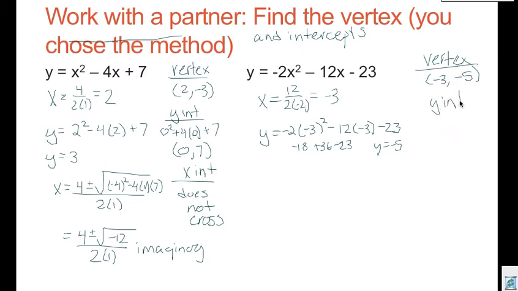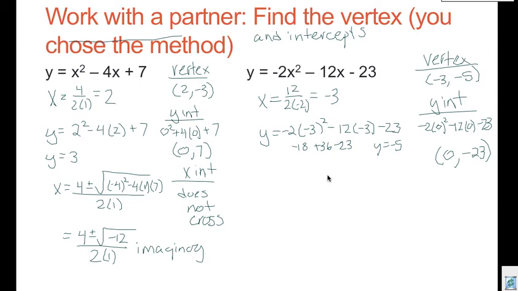Our y-intercept, plug in 0, so negative 2 times 0 squared, minus 12 times 0, minus 23. So it's at coordinate 0, negative 23. And then we could try the quadratic formula or complete the square.